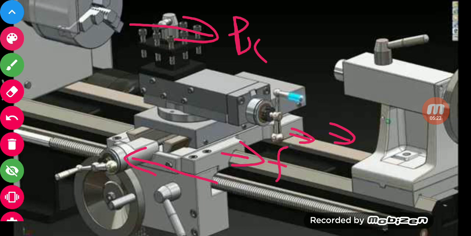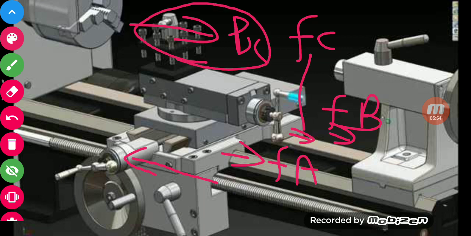If the frictional coefficient is F, it would be F times the normal reaction A. This force here would be F times the normal reaction C, and similarly the last one would be F times the normal reaction B. F is common, so if you add them, it becomes F times A plus B plus C.